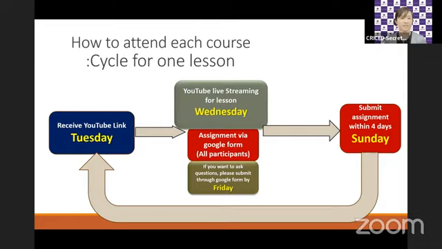Those who cannot attend the live stream will have 4 additional days to work on the assignment. The due date will be on Sunday. Please take your convenient time to work on your video and submit the assignment. Once you submit it, you will receive the next lesson's link by next Tuesday.